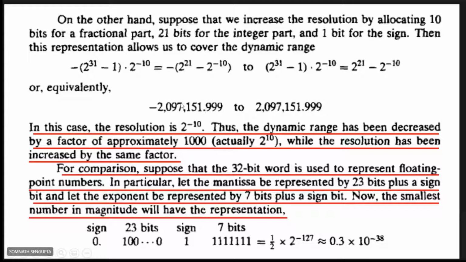Its magnitude has become lesser. The dynamic range means the range of numbers that it can cover. So if you consider the fractional number, dynamic range is decreased but resolution is increased. But in the case of integer, dynamic range was higher but resolution was lesser.